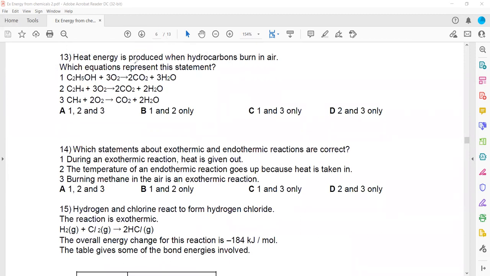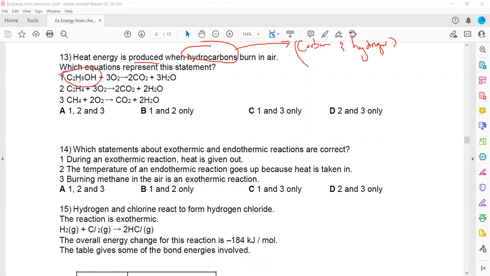In the question, heat energy is produced when hydrocarbons are burned. Hydrocarbon means a compound which contains carbon and hydrogen only. That is the meaning of hydrocarbon. Which equation represents this statement? Here we are burning C2H5OH.